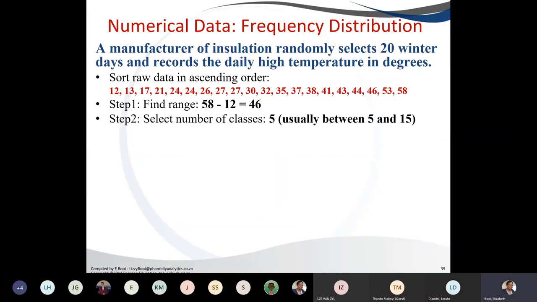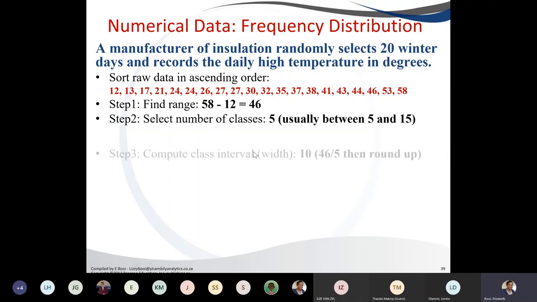It's best to select fewer classes because those classes will end up becoming your bars. If you create a histogram, they will look exactly like a bar chart. And you don't want a bar chart that has so many bars and is flat. You want one that looks nice. And 5 is usually the right one to select.